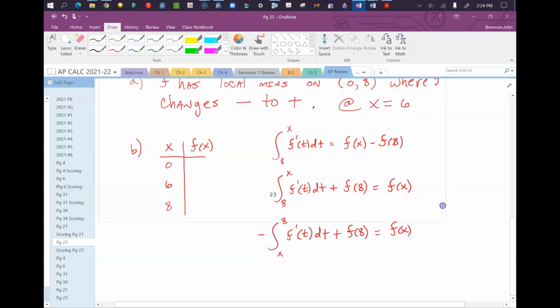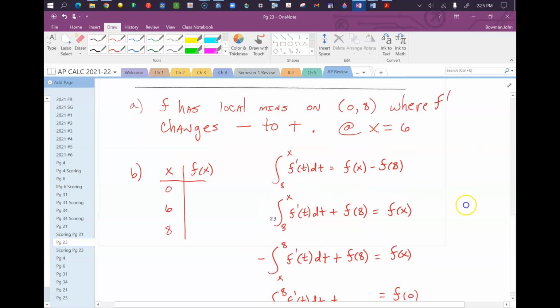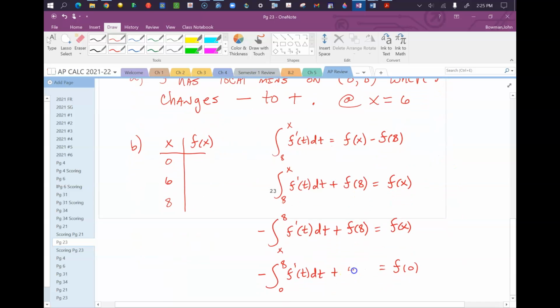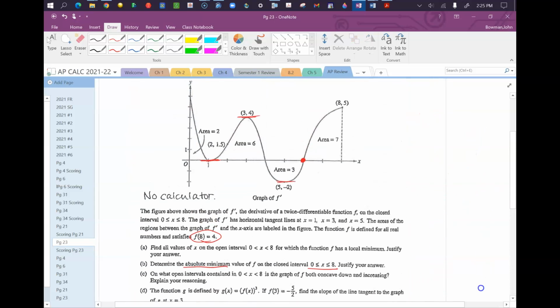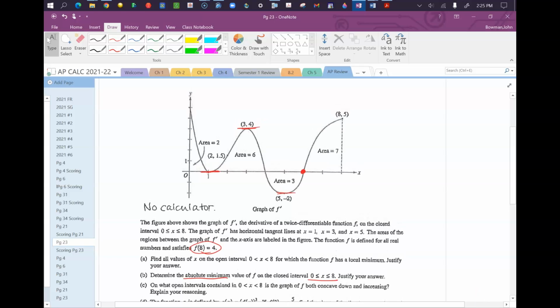So if I want to find f of 0, I'm going to integrate from 0 to 8 f prime of t dt, put a negative in front of it, and then add f of 8. But I already know f of 8 is equal to 4. So to get the integral from 0 to 8, I'm just going to look up top here at the graph, and the integral from 0 to 8 is going to be the following.